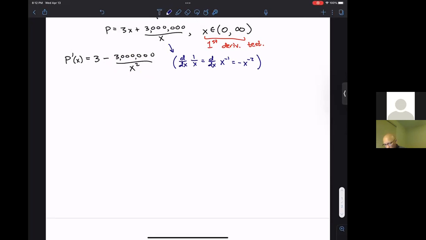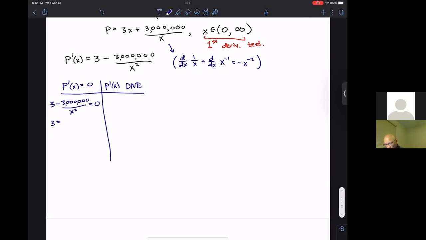Now that I have this, I should find my critical numbers: first, where P prime of x equals 0, and also where P prime of x does not exist. Where it equals 0, I get 3 minus 3 million over x squared equals 0, which I can write as 3 equals 3 million over x squared.